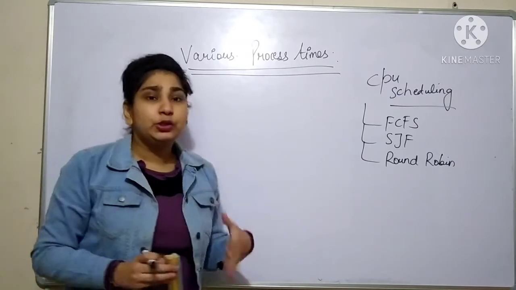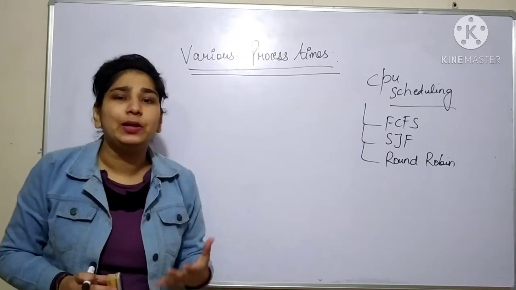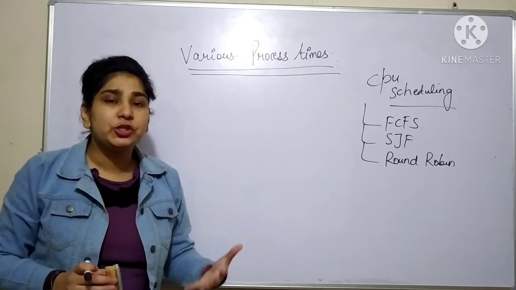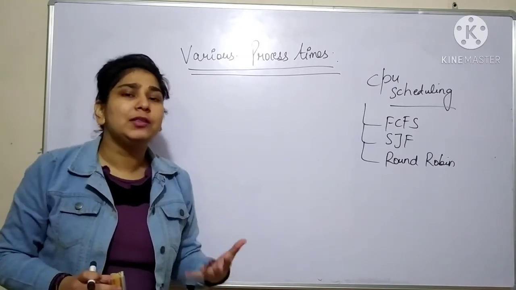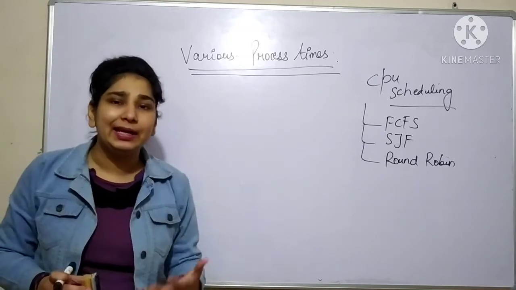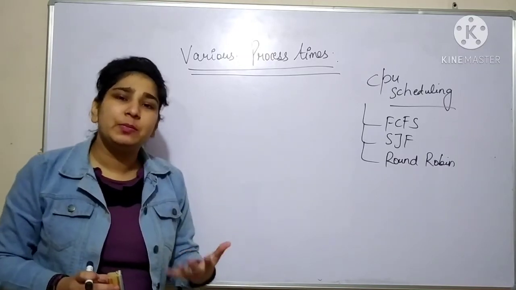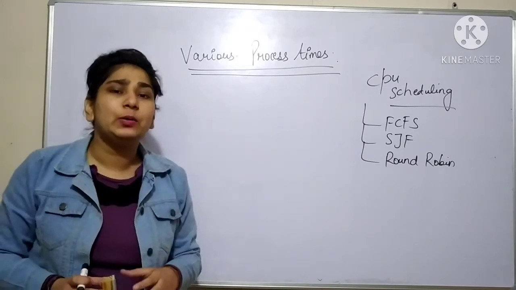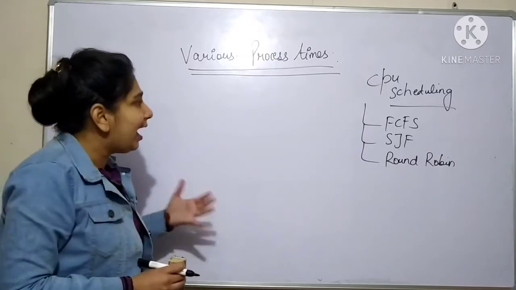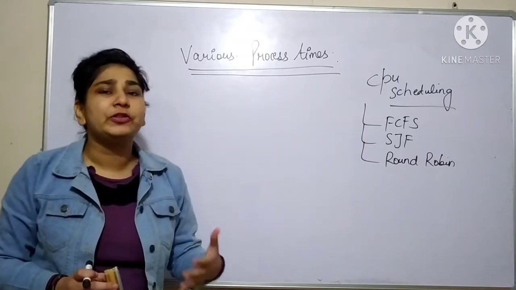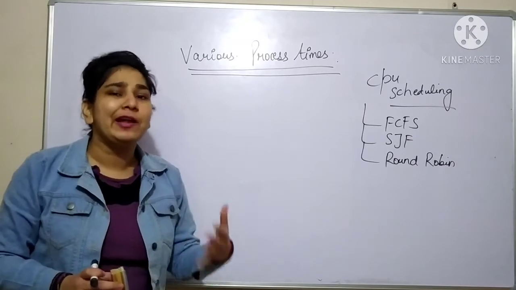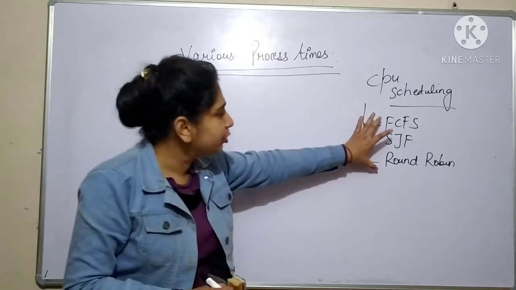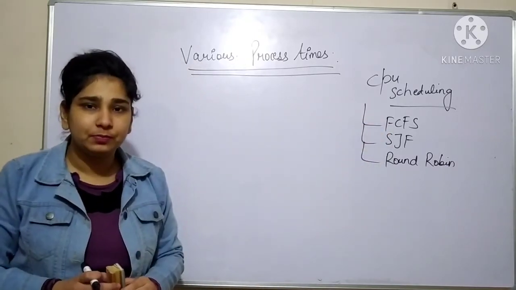But to find the best algorithm, firstly we should have some parameters, some criteria on the basis of which we will decide which algorithm is best. So we are going to discuss some parameters which will help us find the best CPU scheduling algorithm.